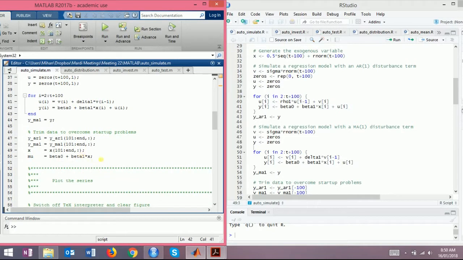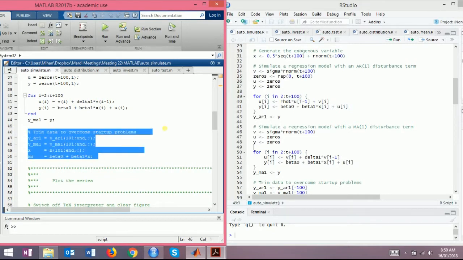Now see, I told you that to overcome the startup problems, we generate 100 more, because generally when we are doing optimization type of stuff, the first 100 observations might not be very efficient. So let's trim the first 100 now. YAR1 starts from 101 till the end rows.